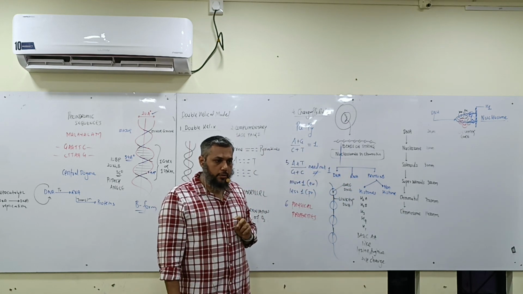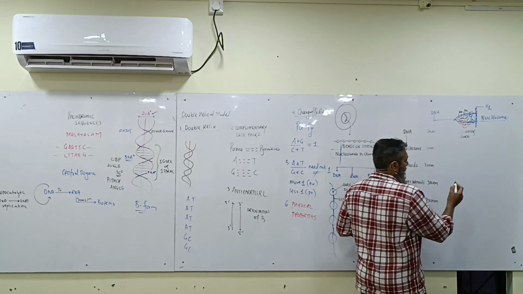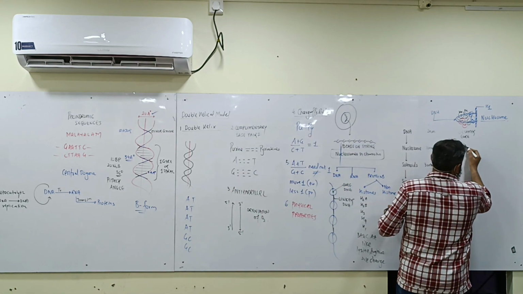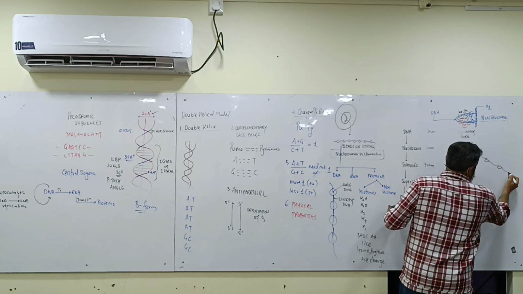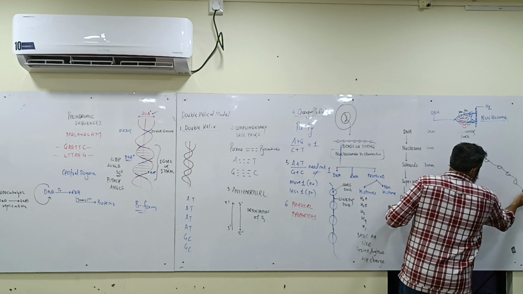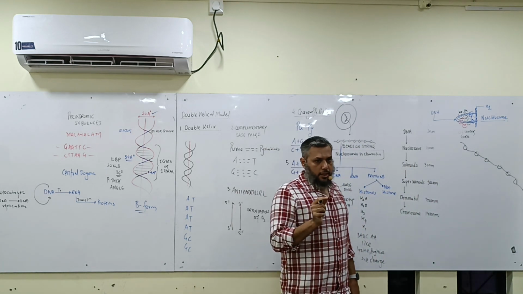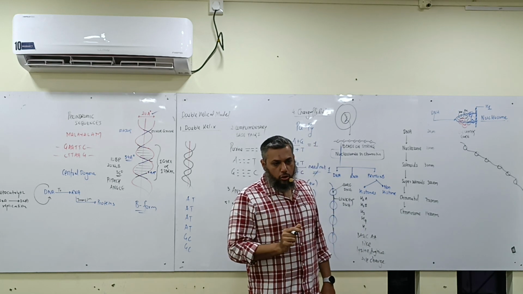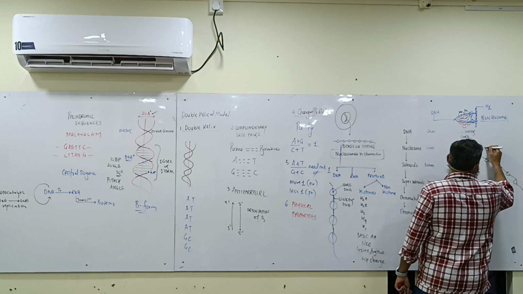What is my point? Now what is happening, guys, is this beads on a string-like structure, which is seen in a dividing cell or a non-dividing cell? In a non-dividing cell.